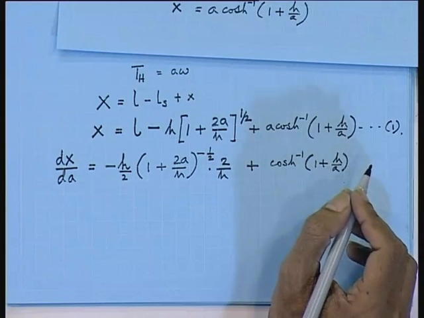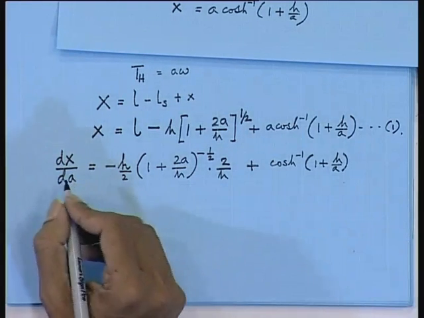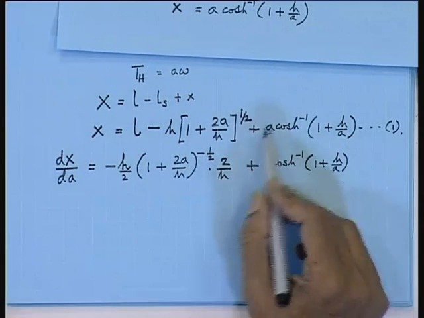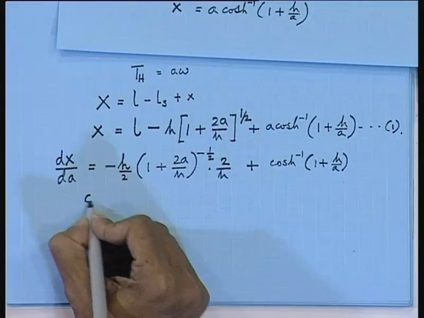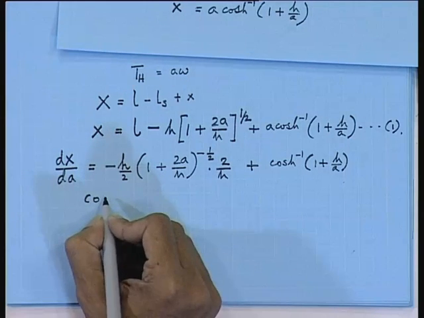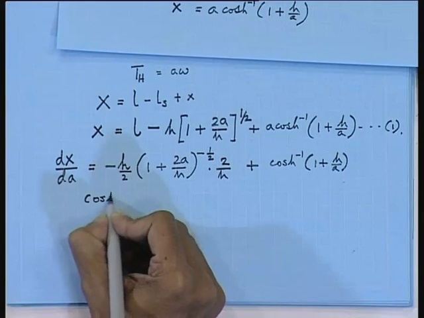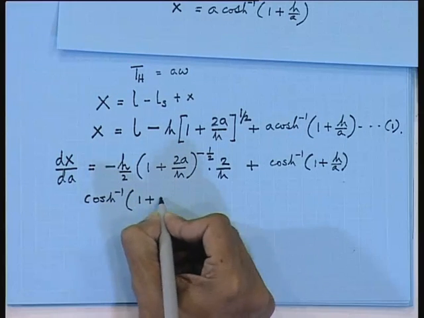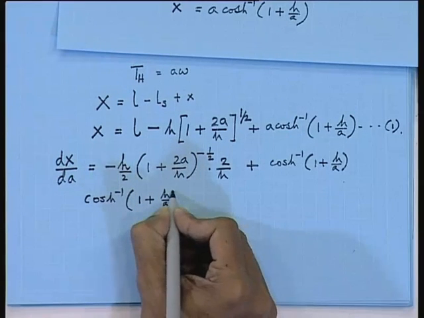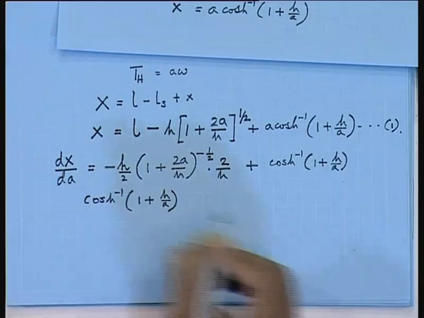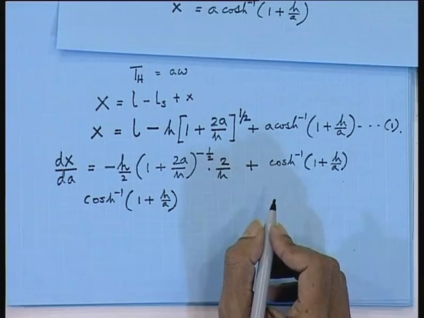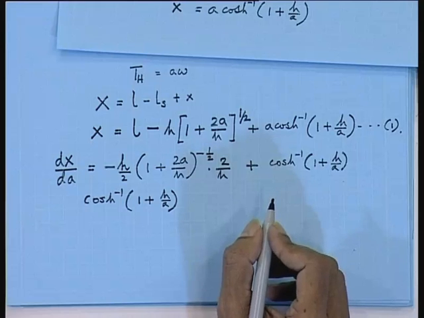Here, some simplification has been done: the cos hyperbolic thing has been taken as constant. In your maths book, you just try to find out the differential of cos hyperbolic inverse x.